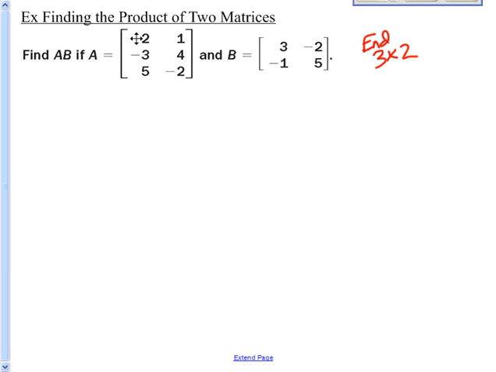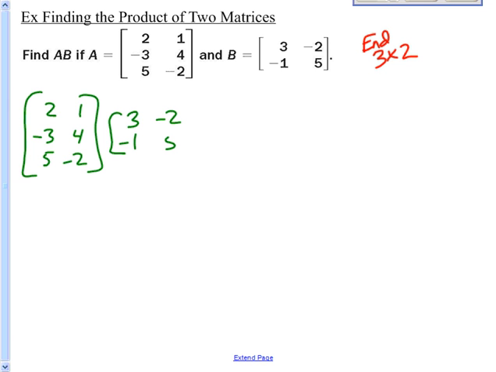Now, let's go about multiplying these two. Let me write down matrix A and matrix B here. So what you do is you take the first row and you multiply it by the first column, and that's the position that it goes into.